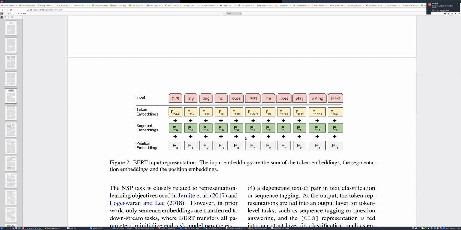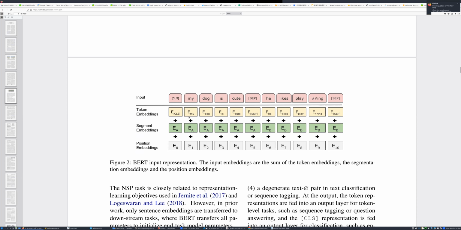Segment embedding is very simple, actually. You just use integers to represent which segment this sentence is. So here we have two segments. The first segment is "my dog is cute," while the second segment is "he likes playing." So therefore, we can use 1, for example, for the first segment, while 2 for the second segment, okay? While 0 for special tokens.